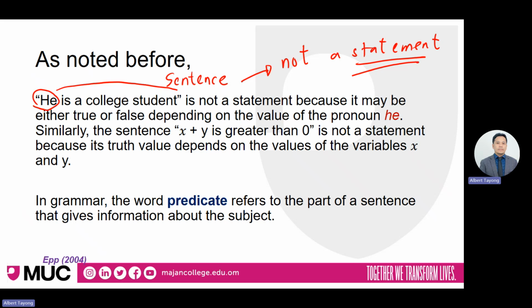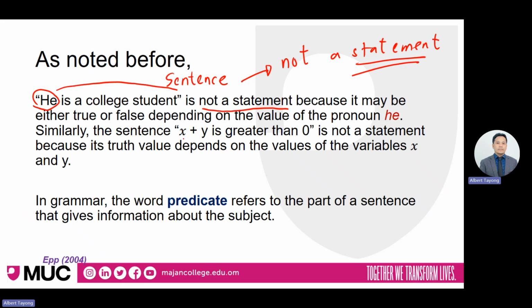We don't know who he is. Could be he, she, it, they, we. So if pronouns are not defined, the sentence cannot be called a statement because we cannot assign true or false.